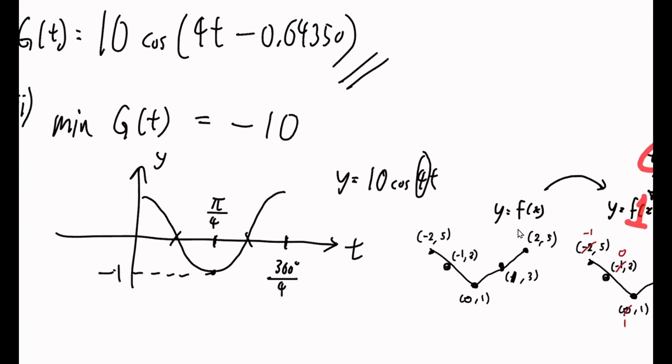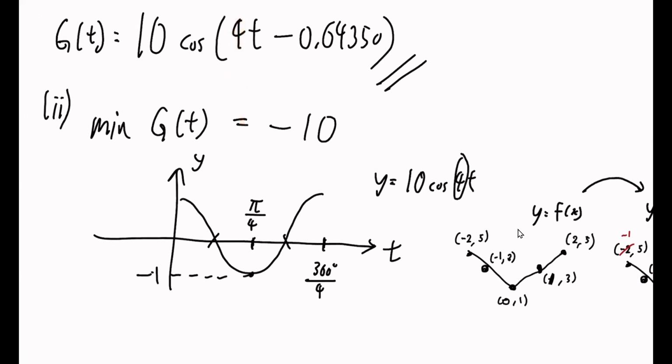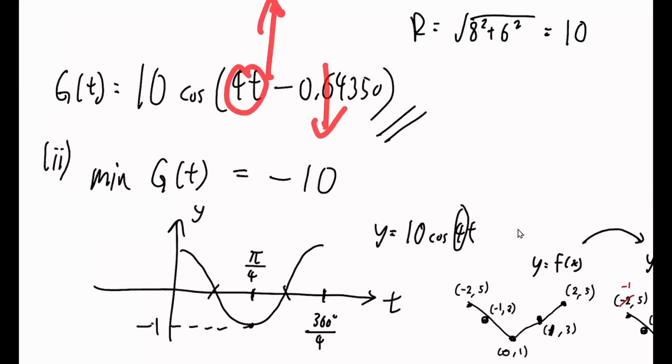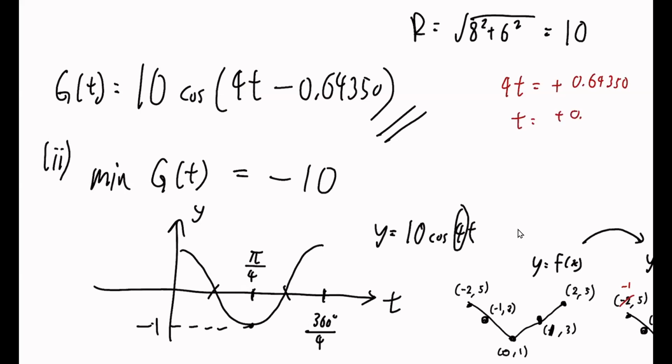Our actual graph here has a 4t. Do you see that? So that means that whenever you minus 0.64350, this 4t needs to increase by 0.64350. Do you agree? It's not just t itself, it's 4t. The t has a boost, a bonus 4 times. Then in that case, it simply means that your 4t has to become positive 0.64350, which means your t has to be positive 0.64350 but divided by 4.